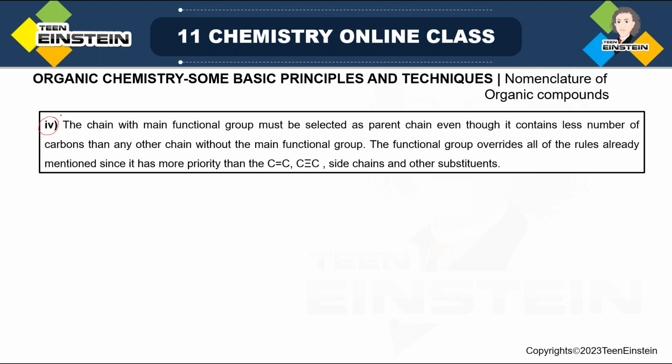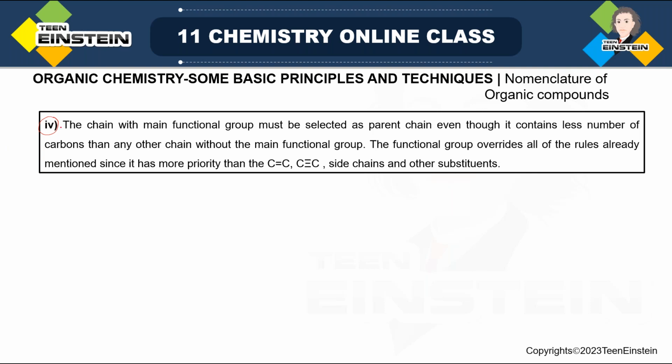Once this is finished, the next point will be how to number the parent carbon chain. So the first step is to choose the parent chain based on some rules, which we are continuing. Number 4 we will start in today's class, and after that the next point is how to number the parent chain.